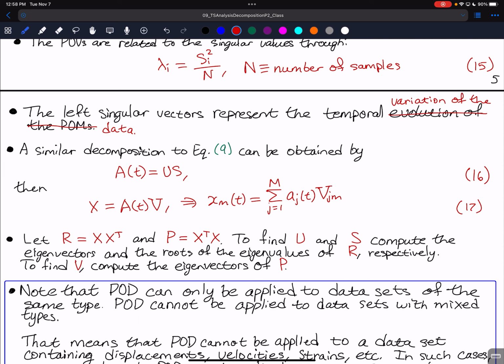So that gives you the temporal variation and the singular values. And then if you want to find V, you compute the eigenvectors of P, and this is the simplest approach you can implement in terms of computing these. When you do this in the worksheets and in future homeworks, you can just use the SVD algorithm that's built into MATLAB.